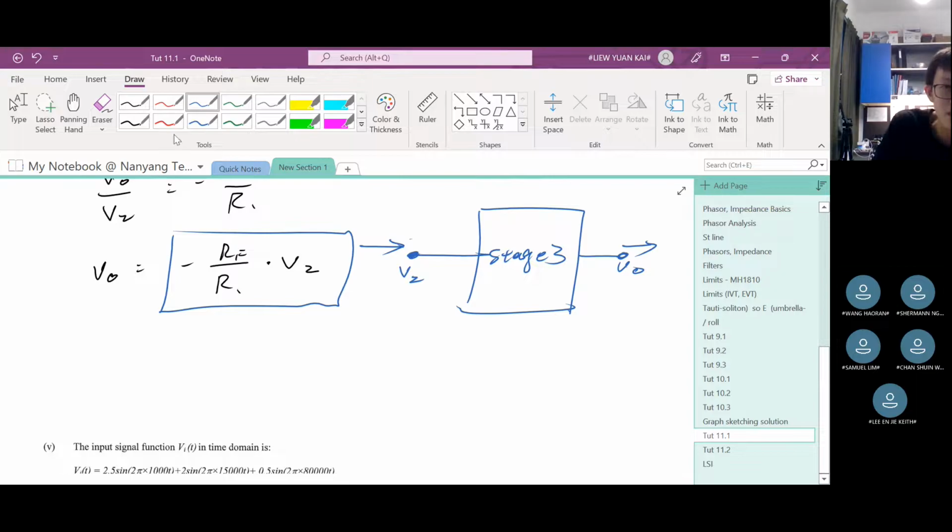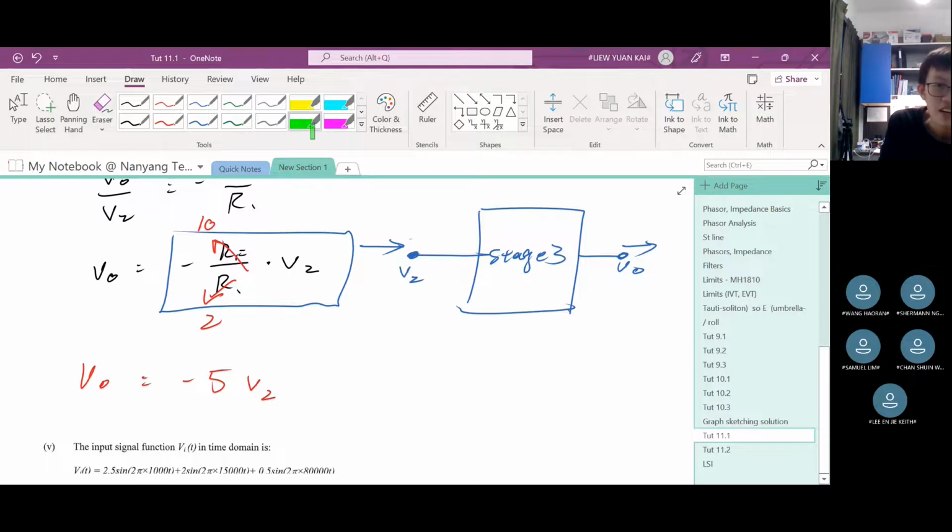Let us not talk very abstractly. Let us just plug in some numbers. Let's say that this one is 20. Okay, let me just say that this is 10. And then this is 2. Okay, so 10 divided by 2 is 5. So this will evaluate to negative 5 V2. What does this show? This shows that if I supply V2 into my stage 3, I will get negative 5 times V2.